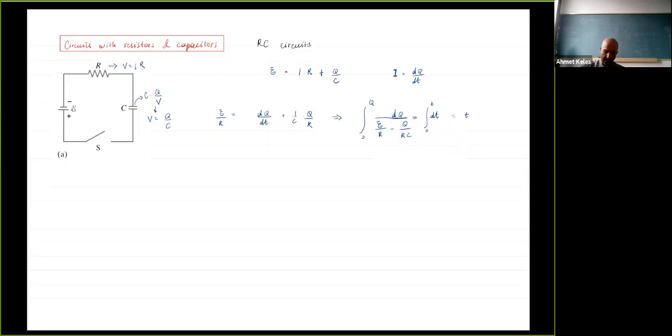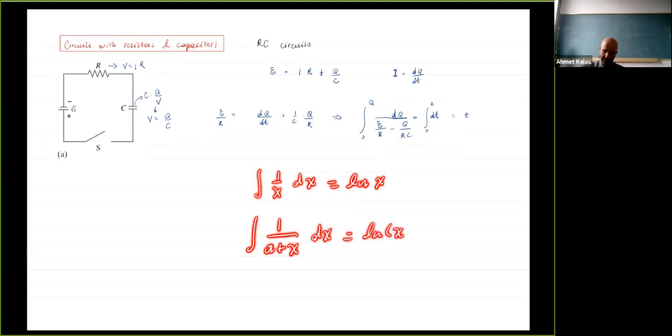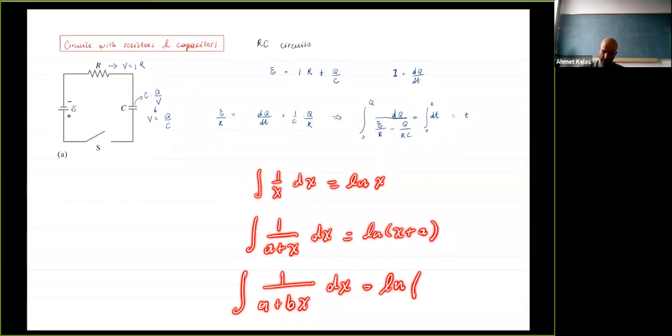And remember that if you have 1 over x dx, this is ln x, right? If you have 1 over a plus x dx, you have ln of x plus a. And if you have 1 over a plus b x dx, you should have something like ln of ax plus b, and I have an overall a.